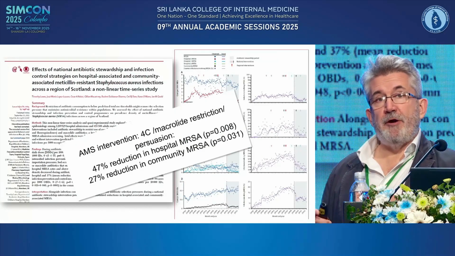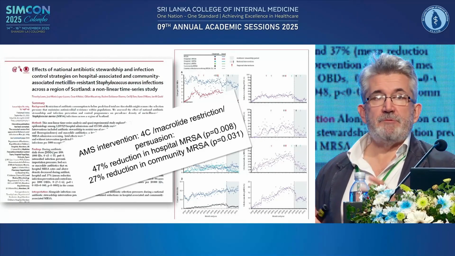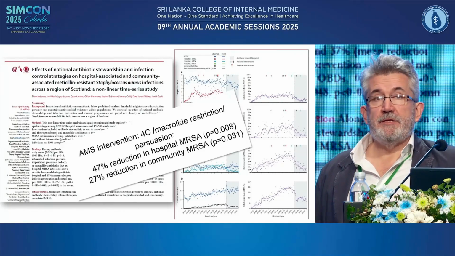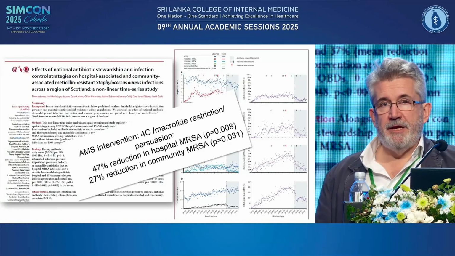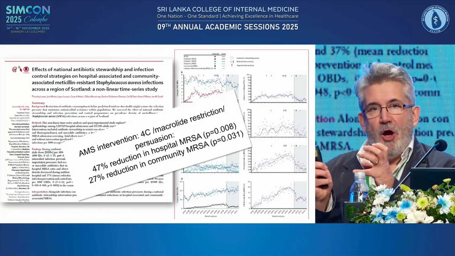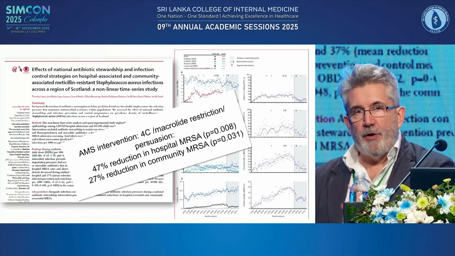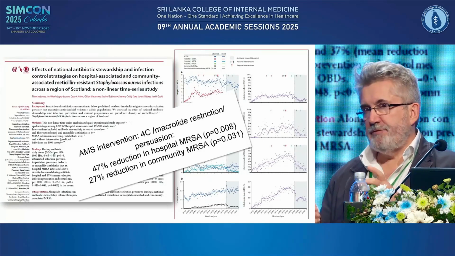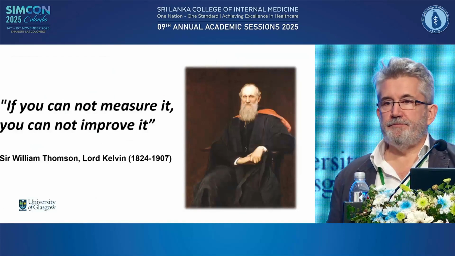We observed MRSA going down where I work within Scotland, but then we saw that across the UK. So we went from over 40% MRSA to less than 5% MRSA. So you can have some hope that you can turn things around. You don't just need to keep piling more antibiotics on. Sometimes you have to take a step back and think, what can we do to turn this around?